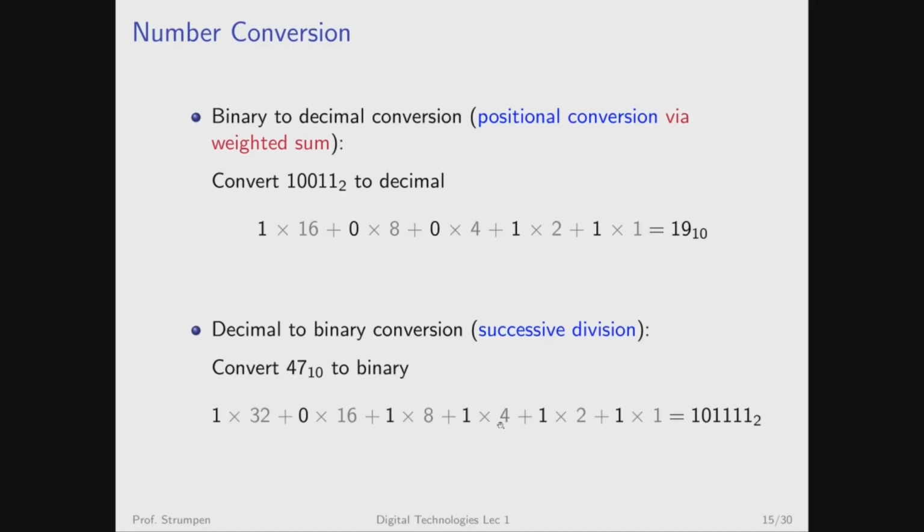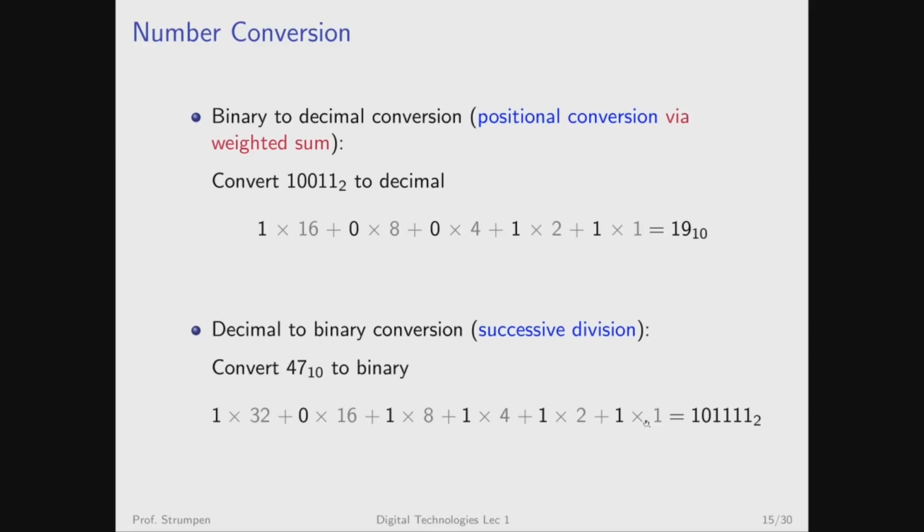So 7 divided by 4 is 1. We remember the 1 associated with the 4. The remainder is 3, since 7 minus 4 is 3. 2, the next smaller power of 2, fits into 3 once. We remember the 1. The remainder is 1, since 3 minus 2 is 1.